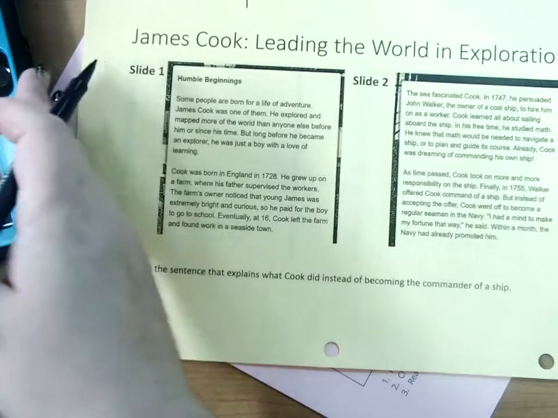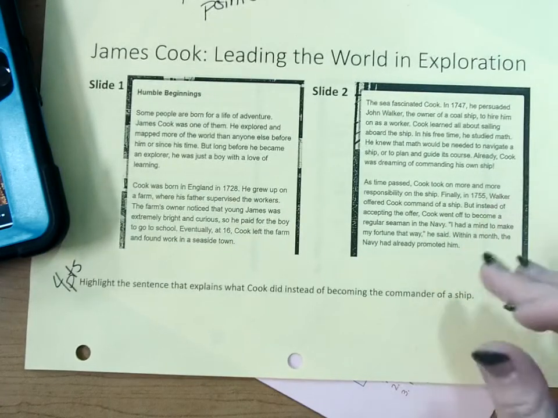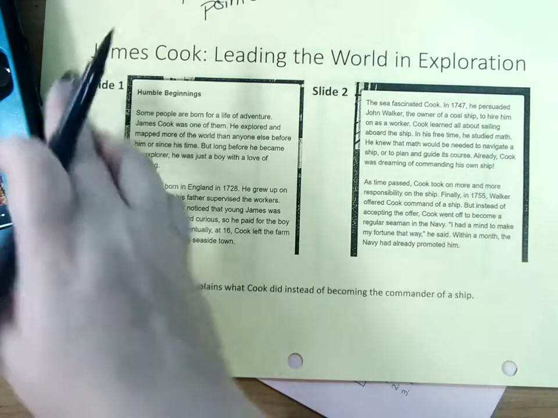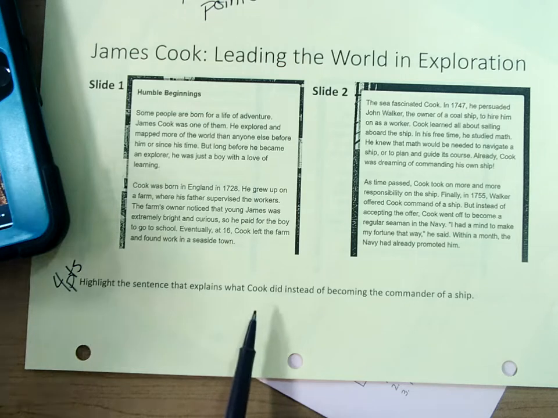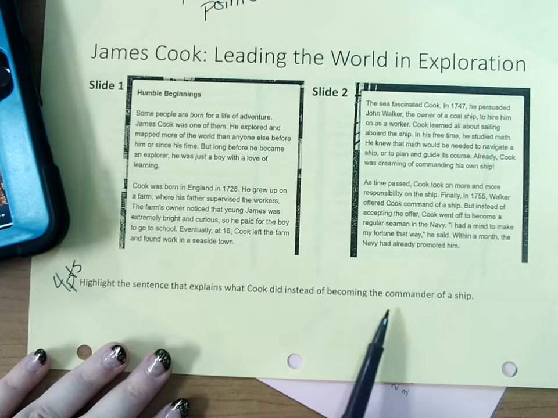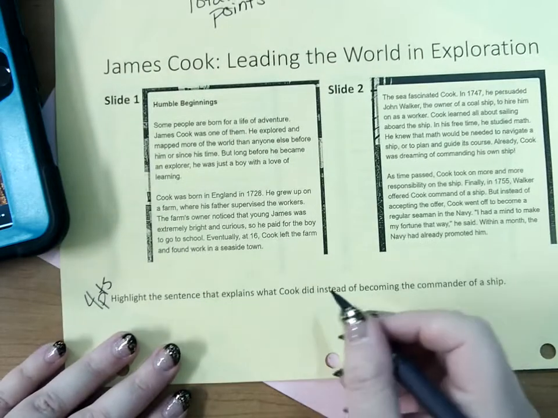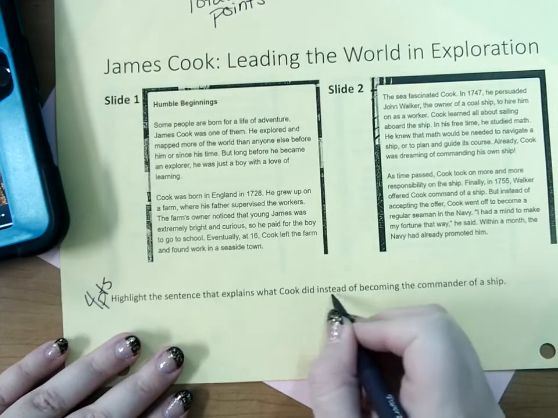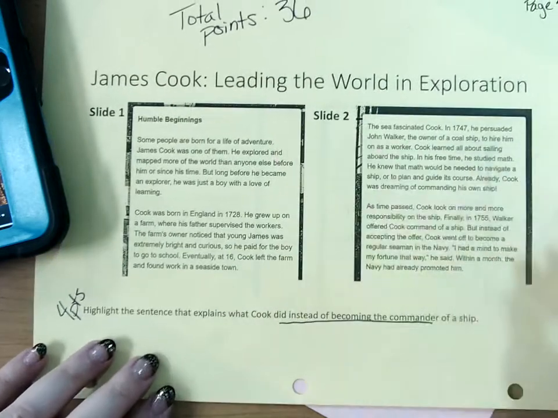So please make sure that whenever you come up on these reading checkpoints that you are trying to get these correct, all right? So the reading checkpoint is: highlight the sentence that explains what Cook did instead of becoming the commander of a ship. Okay. So we need to basically look for key phrases, okay? So we've already read the text, all right?